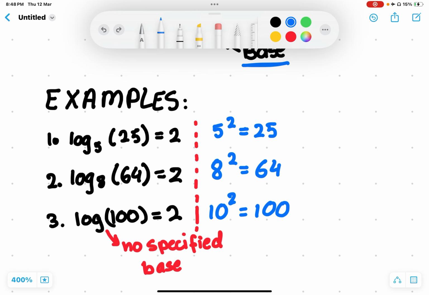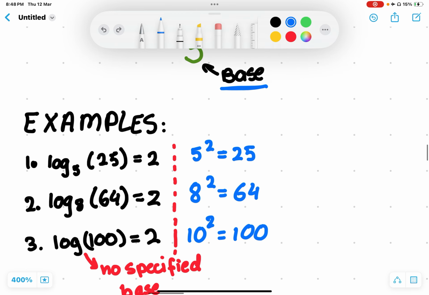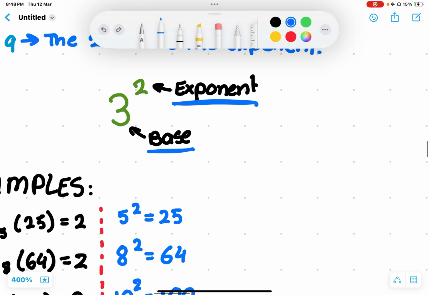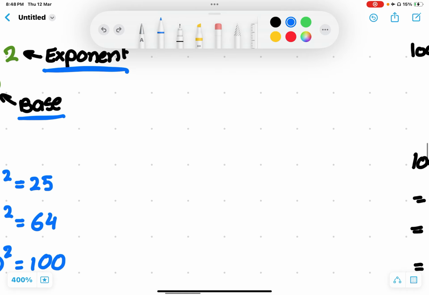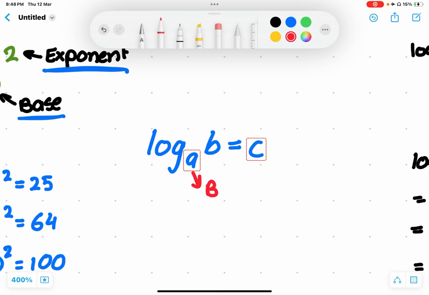How does log really work? Before I get into some examples, let me just write out how log looks. If you've got something like log A, B is equal to C, what does this mean? Let me just break it down for you really quickly. A is our base.